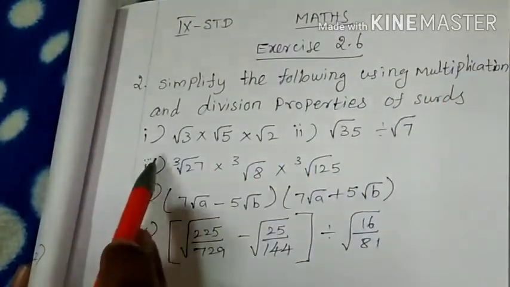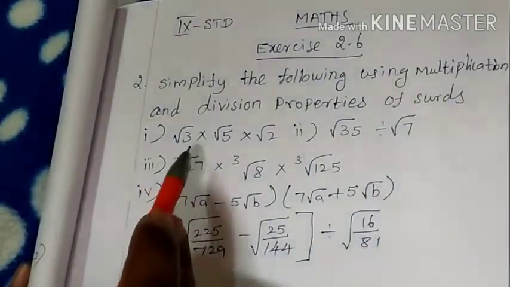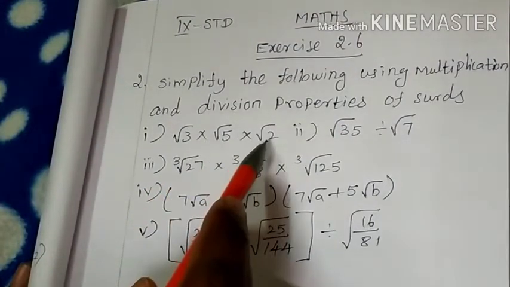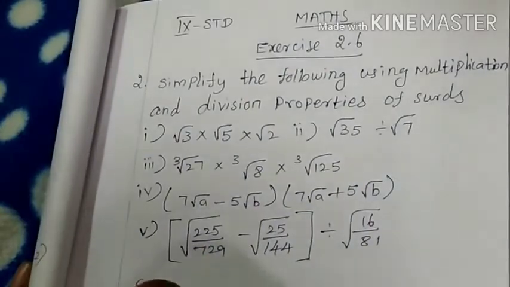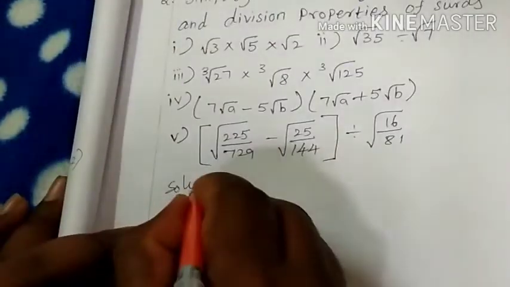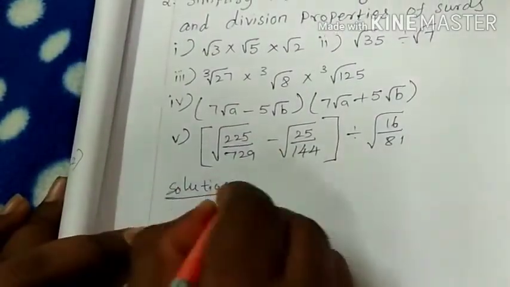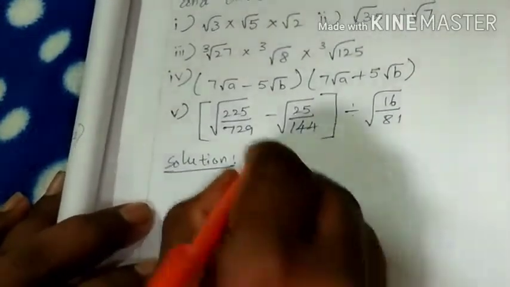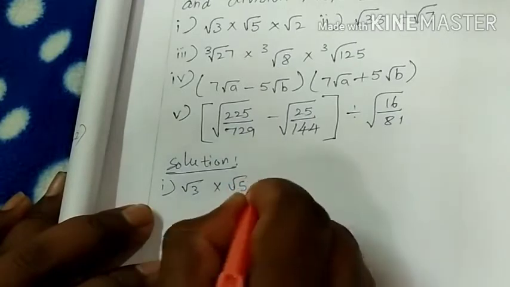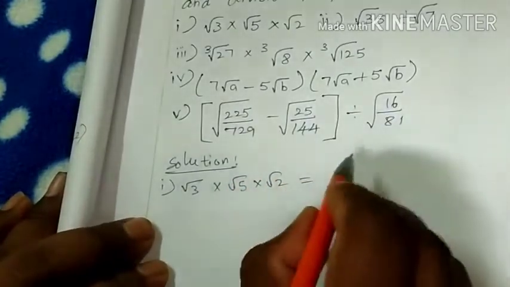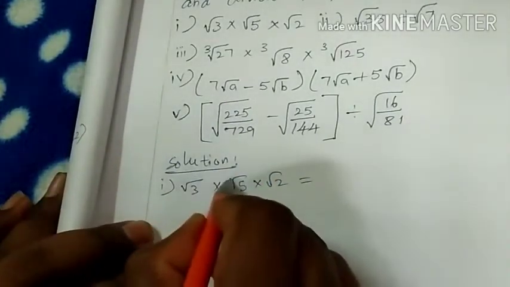The first question is root 3 into root 5 into root 2. The orders are the same. So the order is 2.